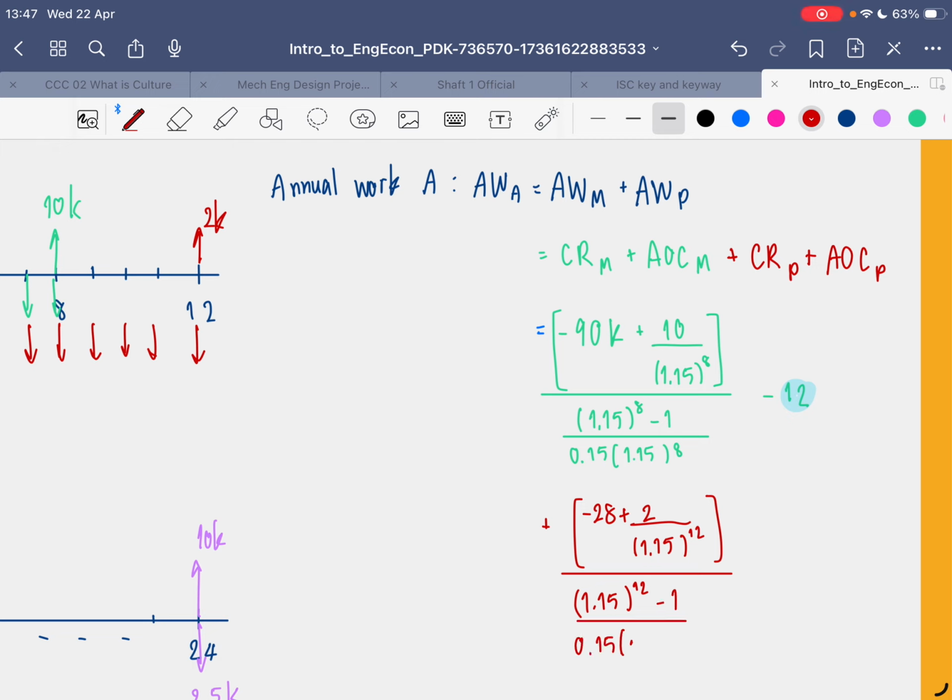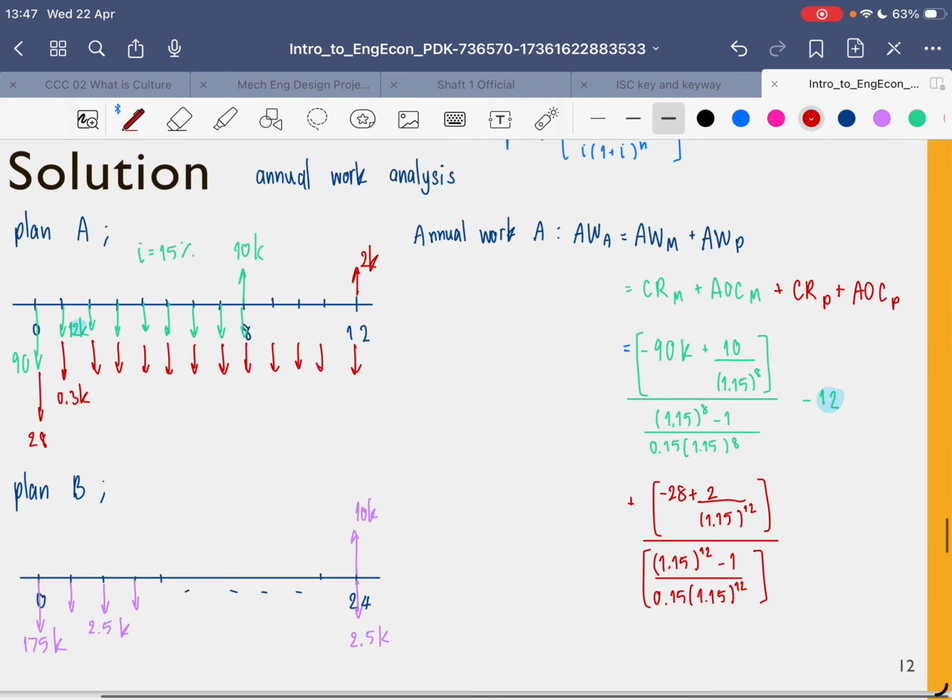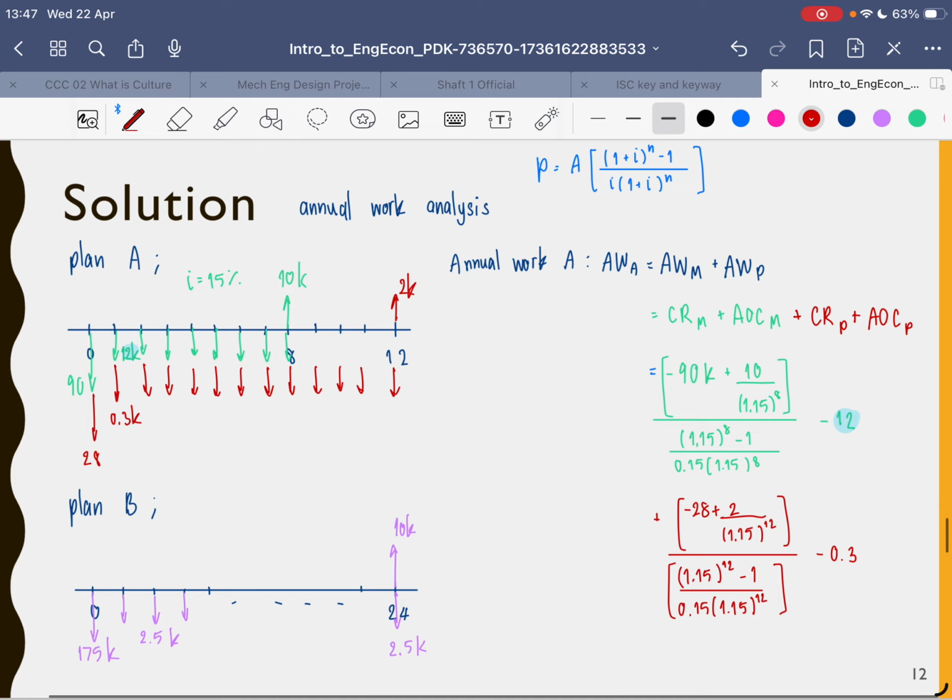And if I calculate correctly, you will find that the annual worth of option A is minus 36,724.